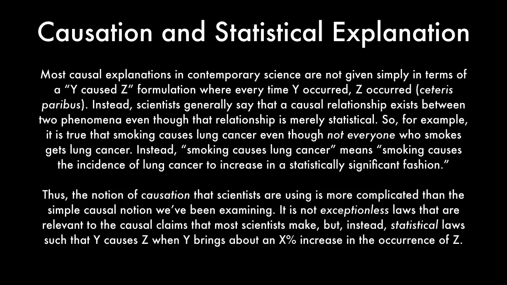Thus, the notion of causation that scientists are using is more complicated than the simple causal notion that we've been examining so far. It is not exceptionless laws that are relevant to the causal claims that most scientists make, but instead statistical laws, such that y causes z when y brings about an x% increase in the overall occurrence of z, and again, Ceteris Paribus.